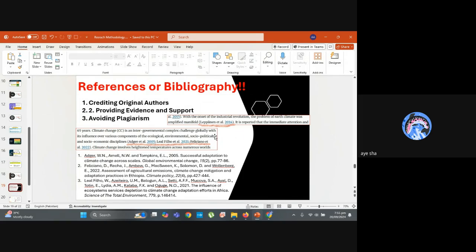So that was the person who deduced this line, who studied previously, before you, that because of the Industrial Revolution, the Earth's climate has faced many problems. So he's the one who first observed it, before you.